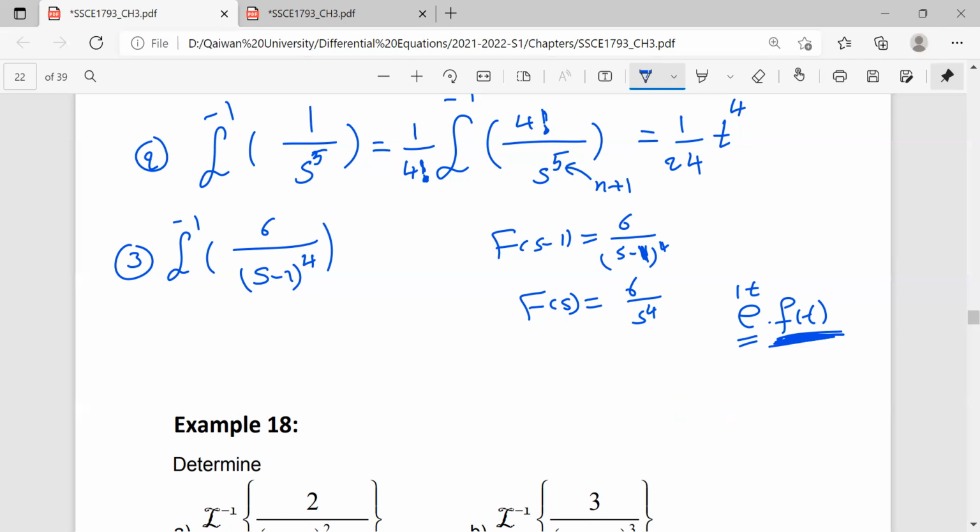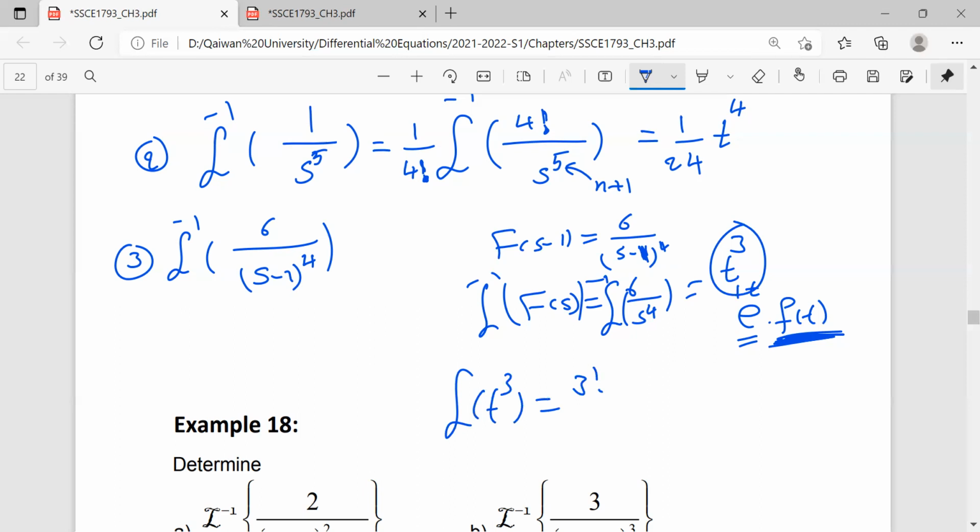So the Laplace inverse of this one equals t to the power 3. Why? Because we said the Laplace of t to the power 3 is 3 factorial divided by s to the power 3 plus 1, which is 4. So the Laplace inverse for this one is t to the power 3.